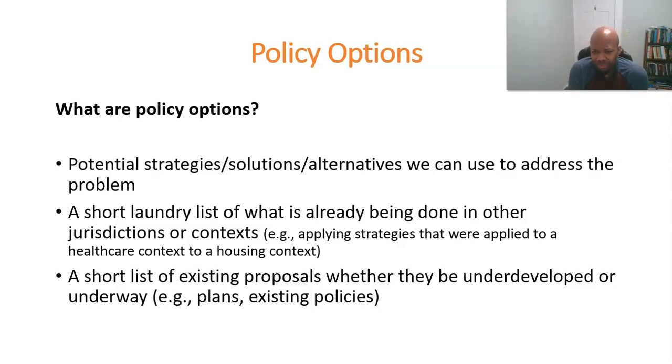Now, that example that I'm giving you, say applying strategies that were applied to healthcare to a housing context. So again, you're not confined to the context of the problem that you're focusing on. You can always look to see how other problems are being resolved in other areas. So again, be broad, be exploratory, think big, and that's the policy process.